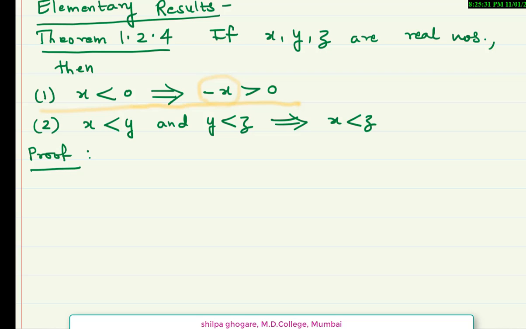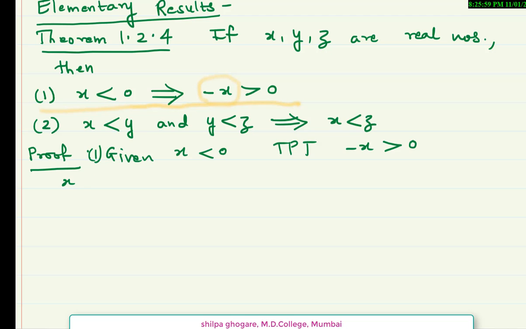How do I prove it? In the first statement, what is given? I am proving the first statement. What is given is x is less than 0, and what is to be proved is minus x is greater than 0. A proof is always, as I say, a journey starting from the given statement and ending with the to-prove (TPT) statement.